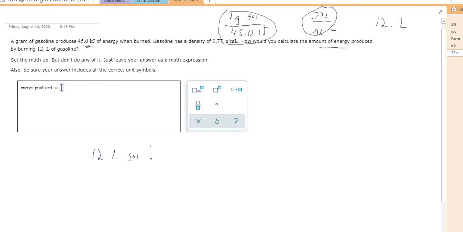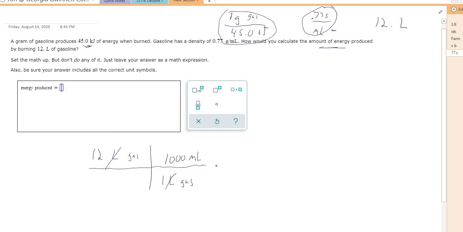And I can certainly convert liters to milliliters, and so I know that in 1 liter of gas, there are 1,000 milliliters. All right, you should know that, or at least you should know how to look that up. All right, my liters cancel, and is this a true statement? In 1 liter, are there 1,000 milliliters?